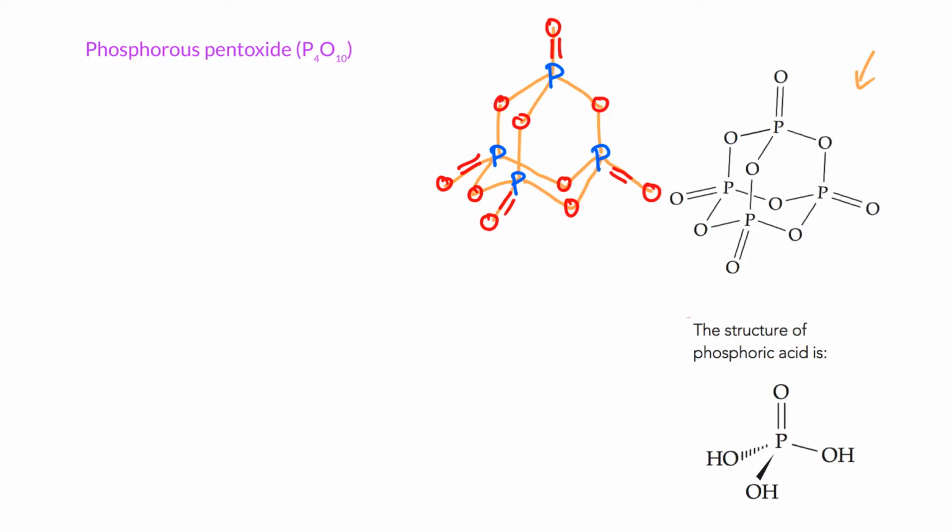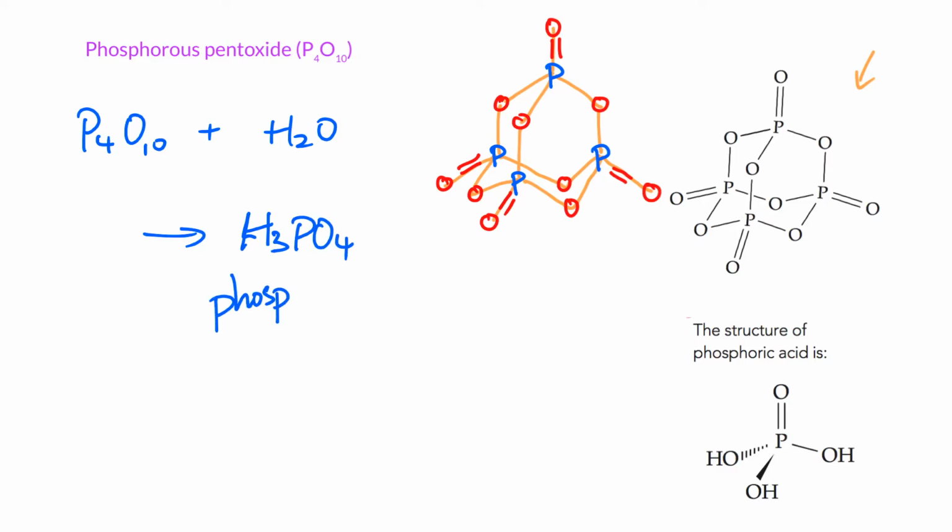So phosphorus pentoxide. First of all, when we dissolve it in water, it will give acid. The acid that we have is H3PO4, phosphoric acid. Memorize this one as 4, then it will be easier for you to memorize. So phosphorus pentoxide, when dissolved in water, gives phosphoric acid.